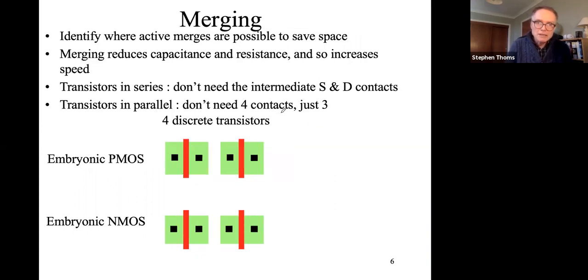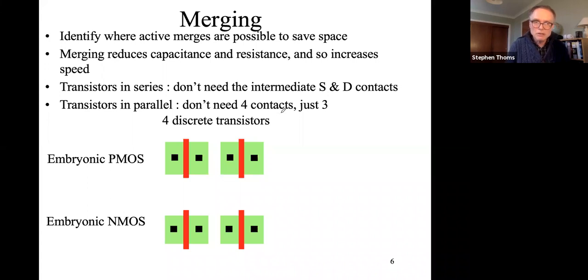What we want to do next is identify where we can merge things together to save space. And that will help us to reduce the size of everything. That also helps us to reduce the capacitance and the resistance, and so it makes things faster.